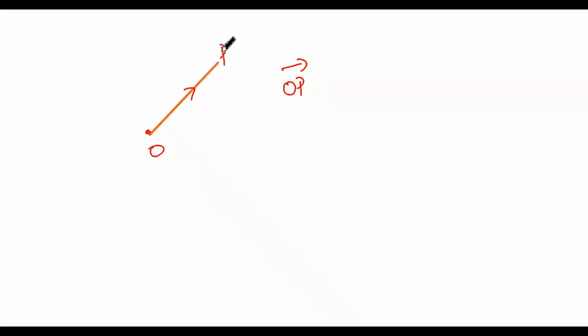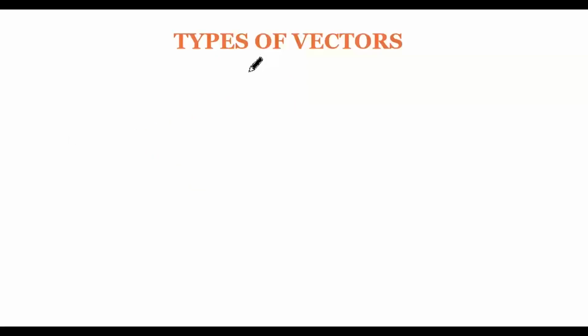Another thing you should be used to is types of vectors, okay. So we have the zero vector. When do we have a zero vector? When the initial and the terminal points coincide. That is, the initial point is A, for instance, and the terminal point is A. So this is called a zero vector.